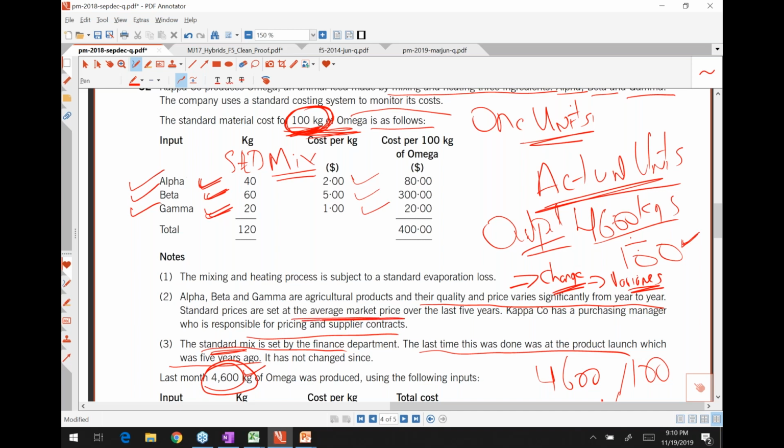So as the price changes a lot, there would be many times the production manager will or should not be answerable for it, because significant changes in prices means that this is something outside the control of the production manager.